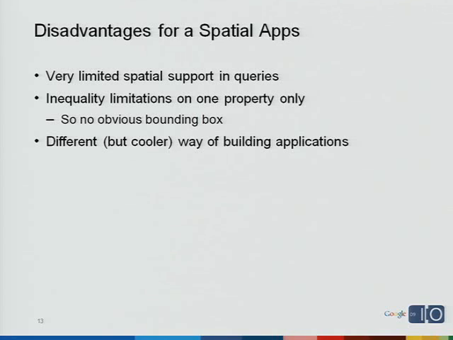The disadvantages for spatial applications is very limited spatial support in queries. And particularly, it has a limitation on inequality queries. So you build a model, you put an entity into the data store, it has a number of properties.